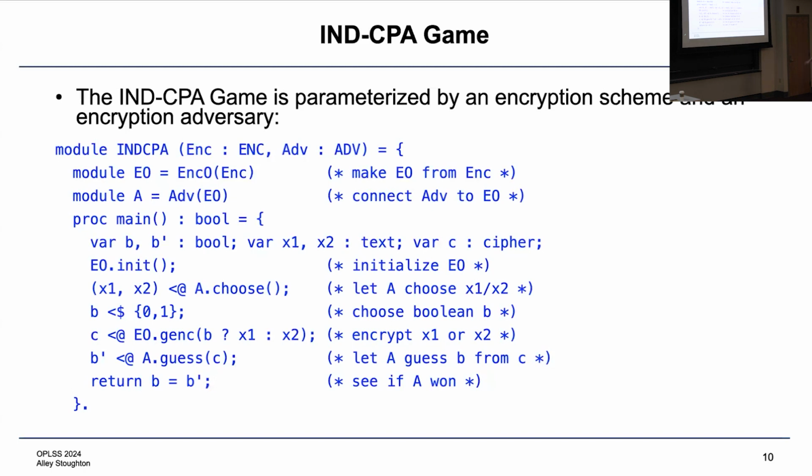The adversary then is trying to return a Boolean that's the same as B. So it wins if it manages to take information about the ciphertext of X1 or X2 and think, okay, that must have come from X1, therefore I should say true, or if it's X2, I should say false. So that's the NCPA game. Any questions so far?